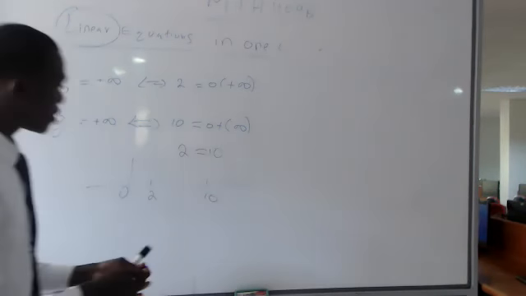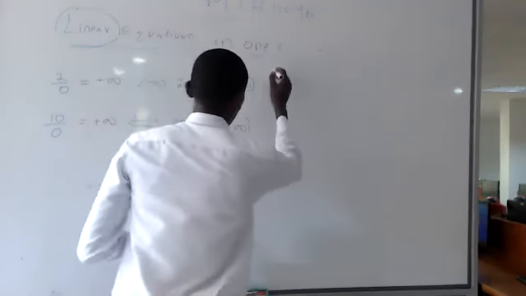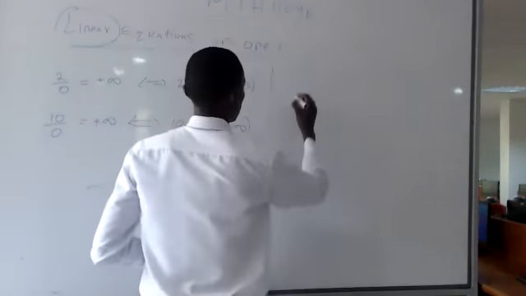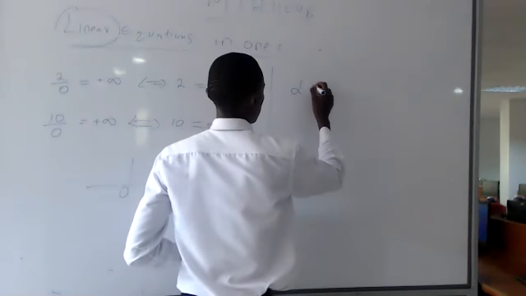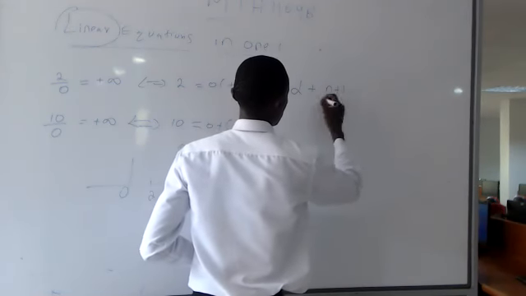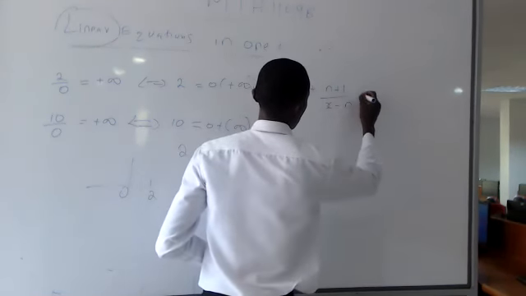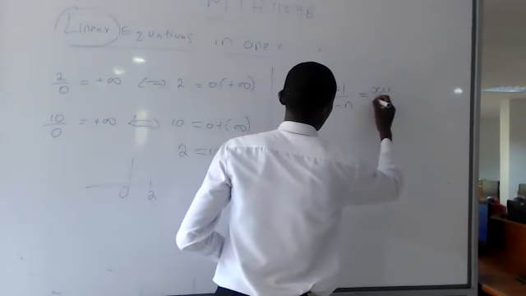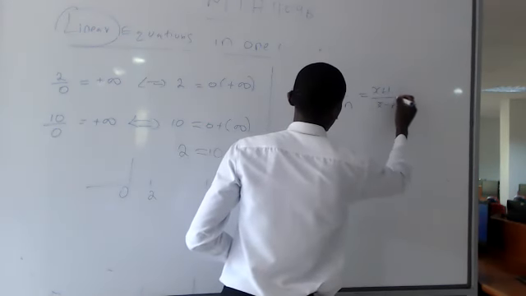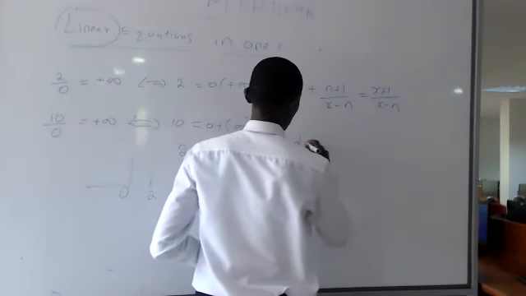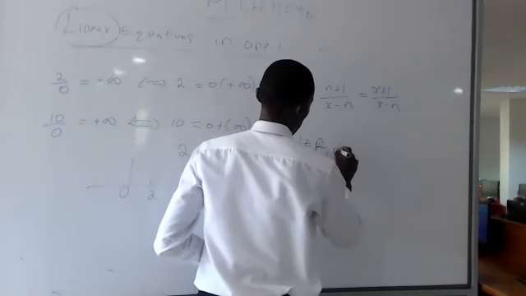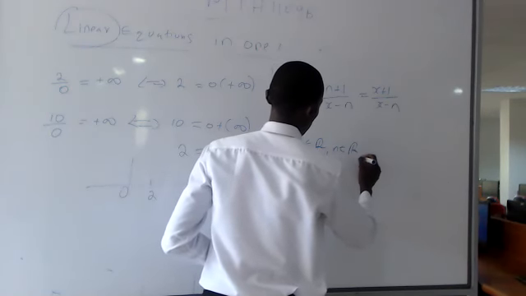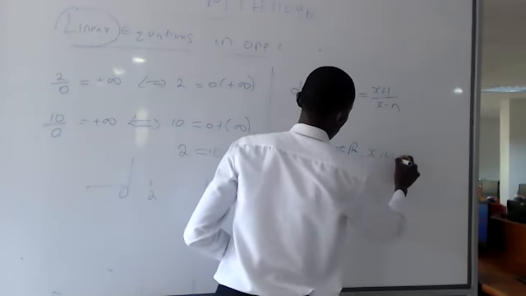I wanted to generalize an expression. So (alpha n + 1) divided by (x - n) equals (x + 1) divided by (x - n), where alpha is a real number, n is a real number, x is unknown.